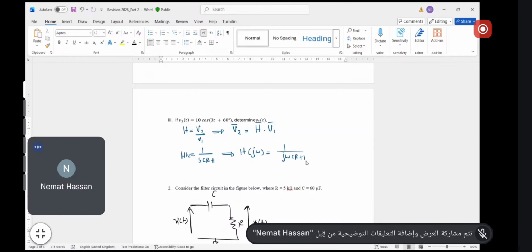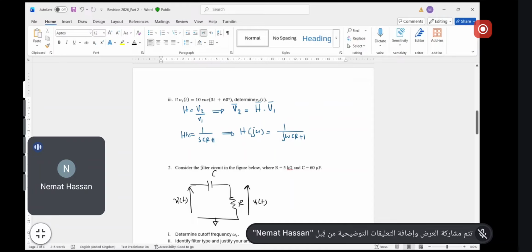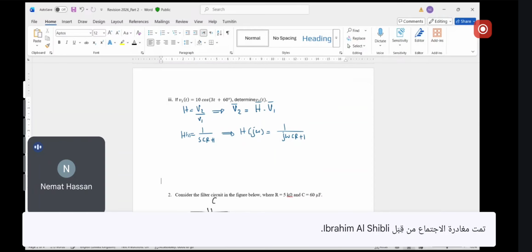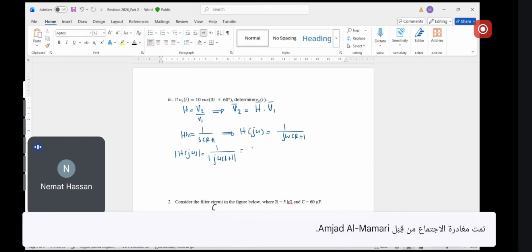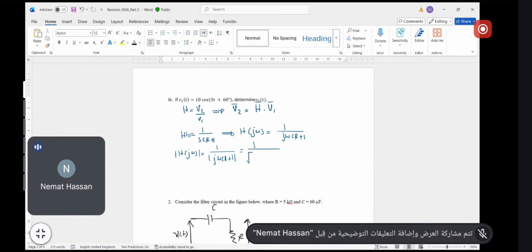We're following? From here, can I get the magnitude and angle of H of j omega? So the magnitude of H of j omega is equal to 1 over the magnitude of j omega CR plus 1, which is equal to 1 over the square root of (omega CR) squared plus 1 squared, right?